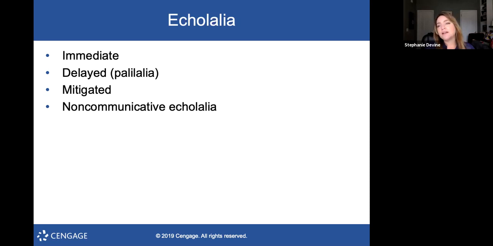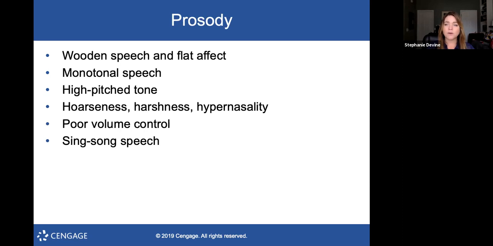Echolalia, this is a big one that we see a lot. And again, we talked about the three main kinds: immediate, delayed, mitigated, which is when it changes a little bit, and then non-communicative echolalia. Prosody, where we might see wooden speech or flat affect, that robotic kind of tone. Monotonal speech.